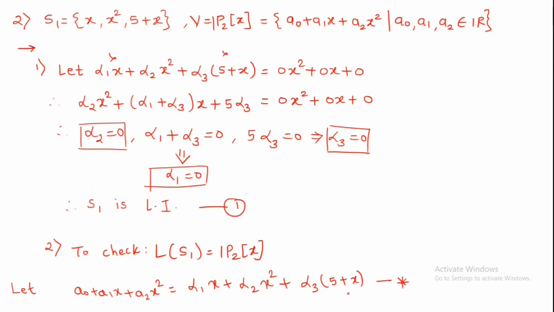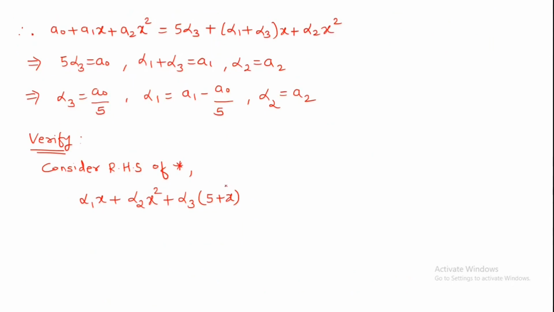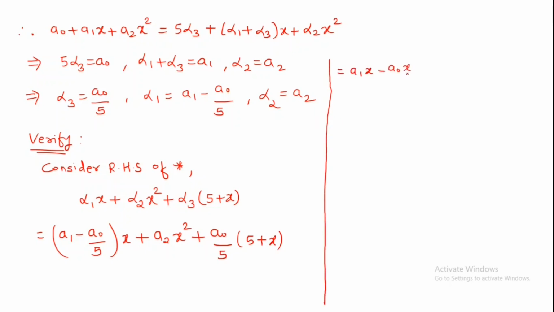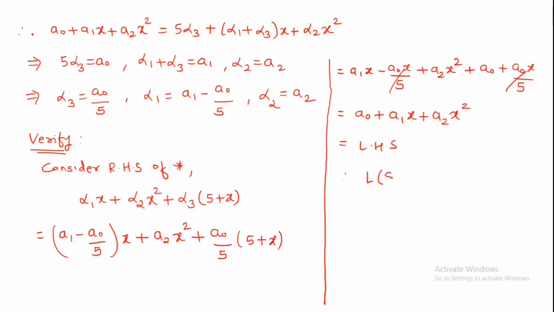Our alpha 1 is a1 minus a0 upon 5, times x, plus our alpha 2. Therefore the linear span of S1 is equal to P2 of x, and therefore S1 is a basis of P2 of x.